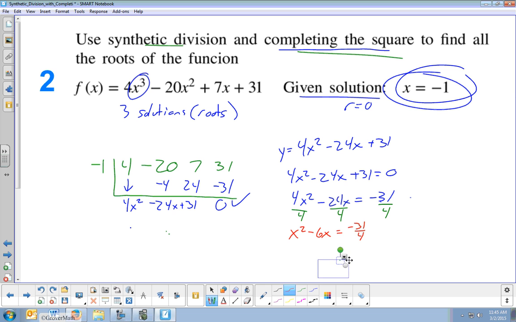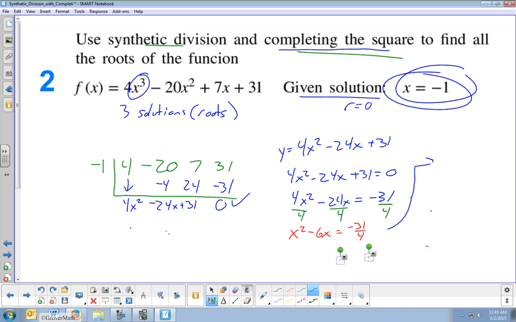Come on, go away. All right. So, I'm sorry, I'm sure these boxes are very distracting. They're distracting to me. All right, so we set it equal to 0, move the constant over, divide by any number in front of x squared, and that got us to this point. x squared minus 6x equals -31 over 4.